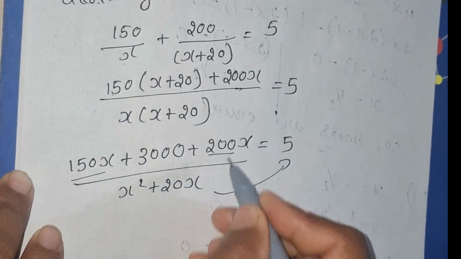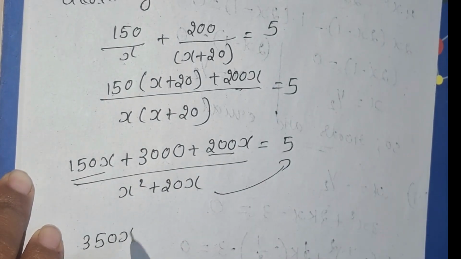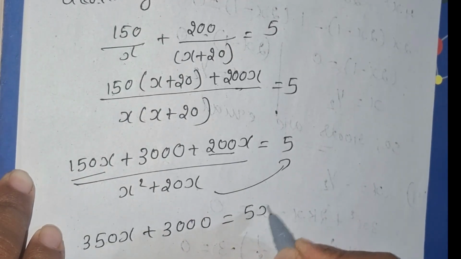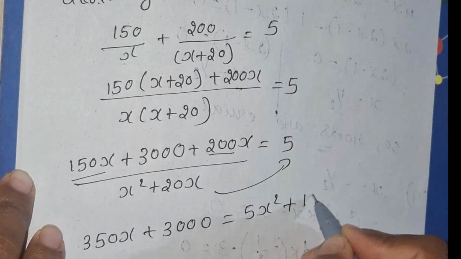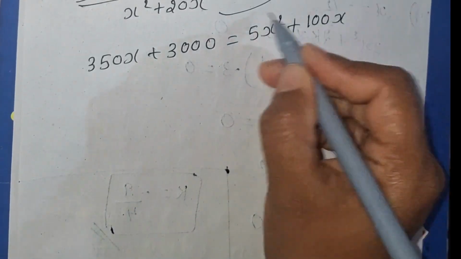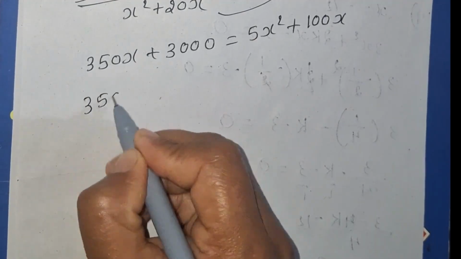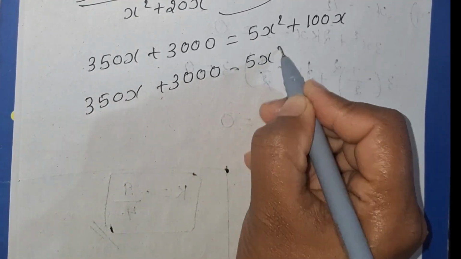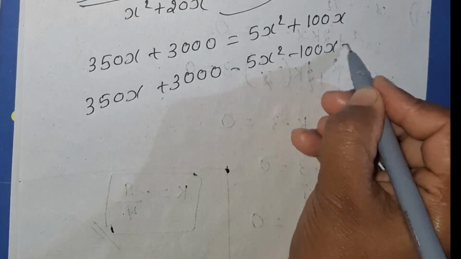Send this to the right hand side: 350x plus 3000 equal to 5x square plus 100x. Then take to the left hand side: 3000 minus 5x square minus 100x plus 350x equal to 0.